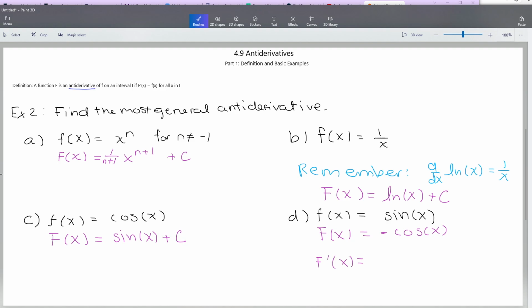Right, so I have the minus sign from here, okay, and then the derivative of cosine is negative sine. Okay, so you can see that the minus minus is going to give us positive sine x. Okay, so this does work. And we still need to include our plus c to say that our antiderivative could have any constant you want.